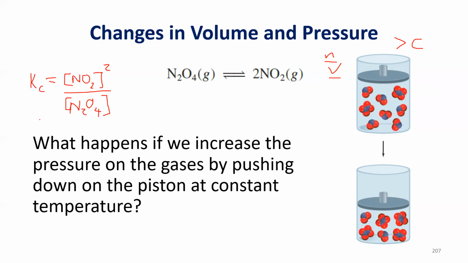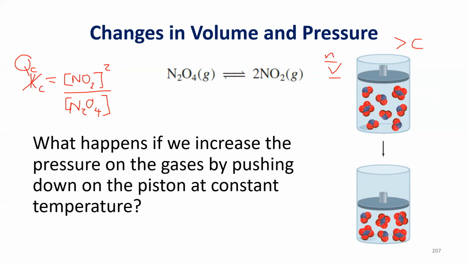Okay. So now if you increase the pressure, it means now you're moving the system from equilibrium. So therefore, you're not talking about the equilibrium constant anymore, but you're talking about the reaction quotient. So by reducing the volume, you have increased the concentration.